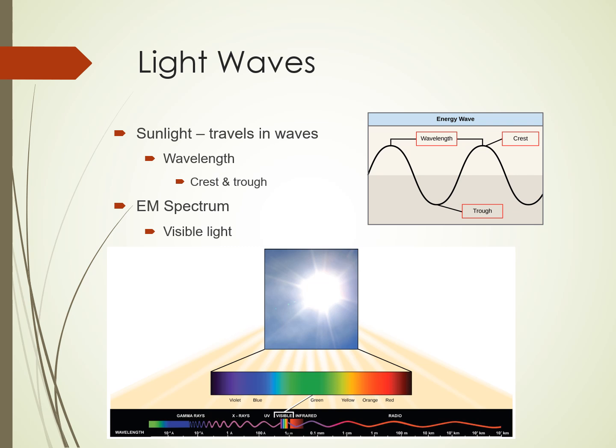Right in the middle is visible light, the only radiation we can see with the naked eye, and within visible light, blue and violet are the shorter, higher energy waves, while red and orange are the longest, low energy waves. The pigments in chloroplast absorb some colors while reflecting others.